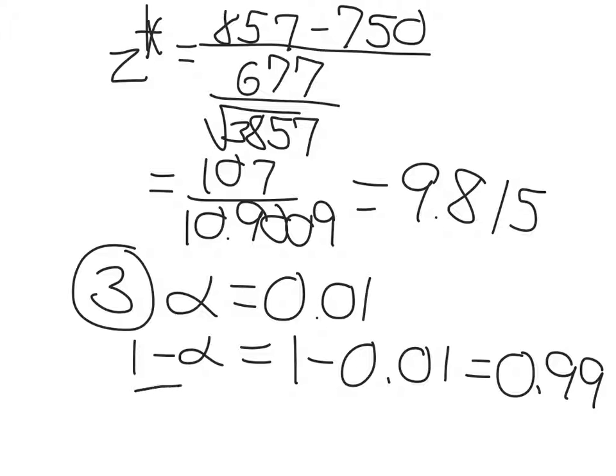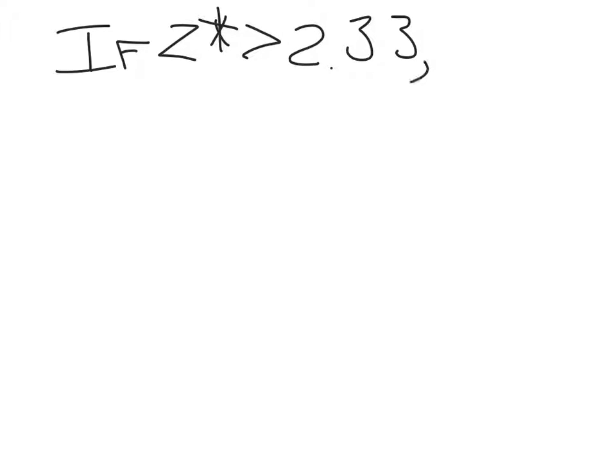And we will see Z of positive 2.3 from the left, 0.03 from the top. So that gives me 2.33. So that gives me my setup for my if-then. So my if-then statement is going to be if Z star is greater than 2.33, then we reject H0.